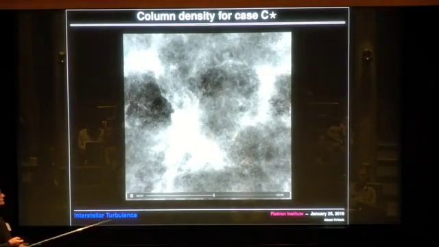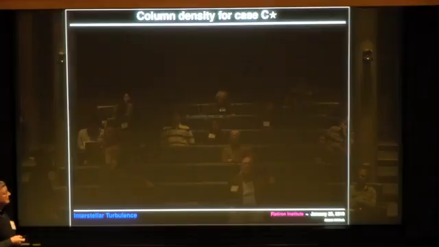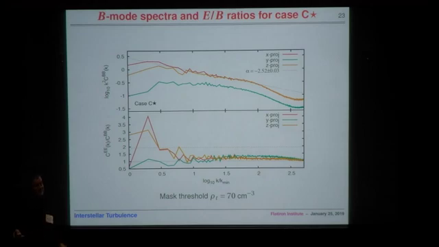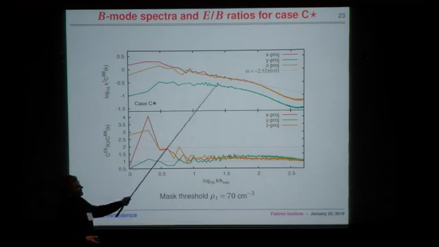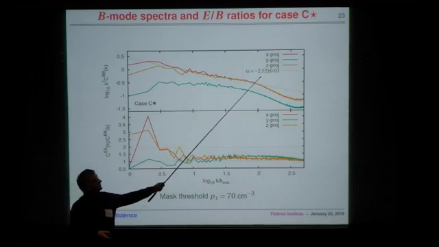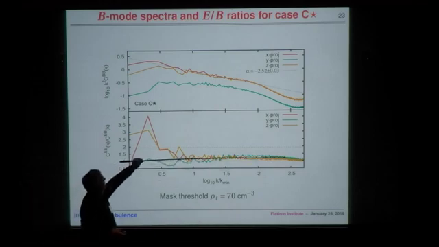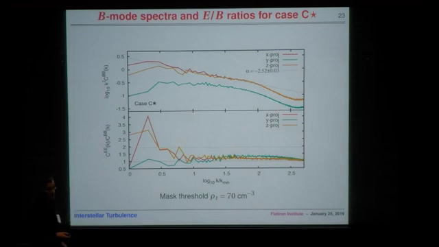Okay, now this is a model with supernova forcing. You see the case looks different, but also the Alfvén Mach numbers are much higher than in all other models. So this is again a multi-phase model. The slopes of the spectra are very similar, again 2.5, pretty close to 2.4 as observed, but the E to B ratio is off by quite a bit, right?